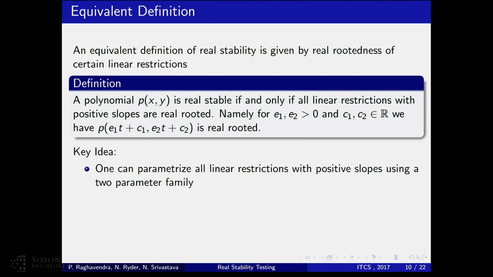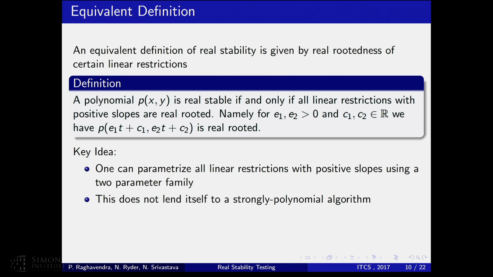So if we think about linear restrictions in the plane that have positive slope, this is a two-parameter family of lines. It's not so hard to parameterize this: we're looking at a polynomial in t whose coefficients are polynomials in two variables, and we want to see that for all assignments of those two variables, we get a real rooted polynomial in t.